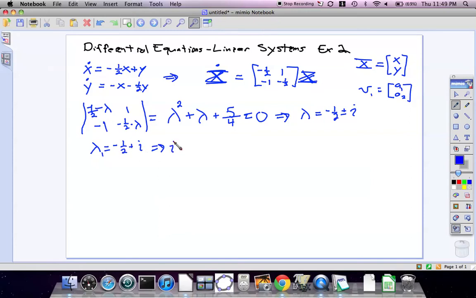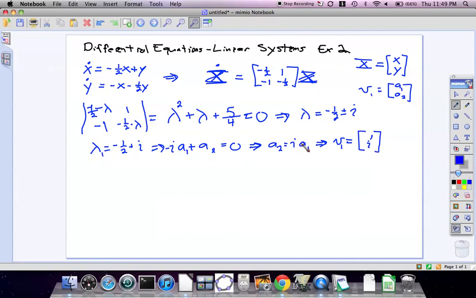So I'm going to get a minus i A1 plus 1 A2. And I set that equal to 0, just like up here. Cleaning that up a little, I get that A2 is equal to i times A1. Now if I let A1 equal 1, that implies my eigenvector could be the vector 1, i.